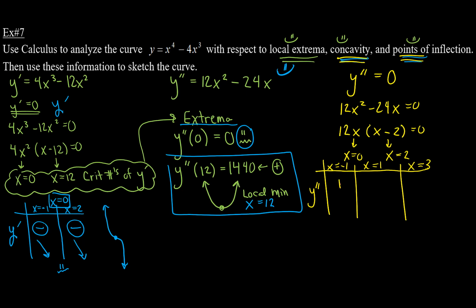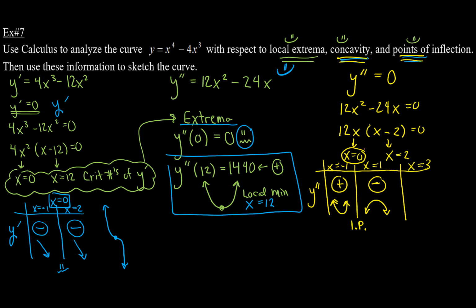So this is going to be positive, so this is concave up in this interval. If I plug 1 in here, I'm going to have 12 minus 24. That's going to be negative, so this is going to be concave down. And because I have a sign change, I know that x equals 0 is going to be an inflection point.